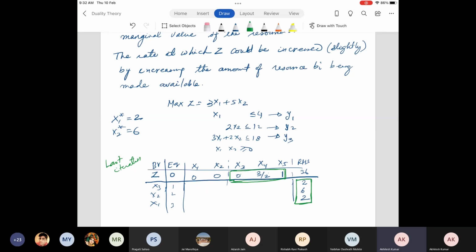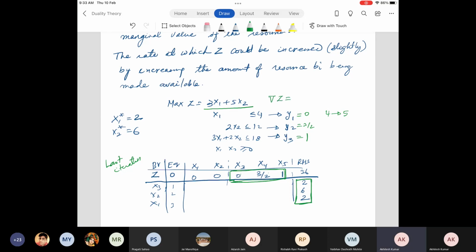Now 0, 3 by 2 and 1, what does it mean? So I just said these are the values 0, 3 by 2 and 1. If I increase this resource from 4 to 5, do you think there will be any increase in the profit?